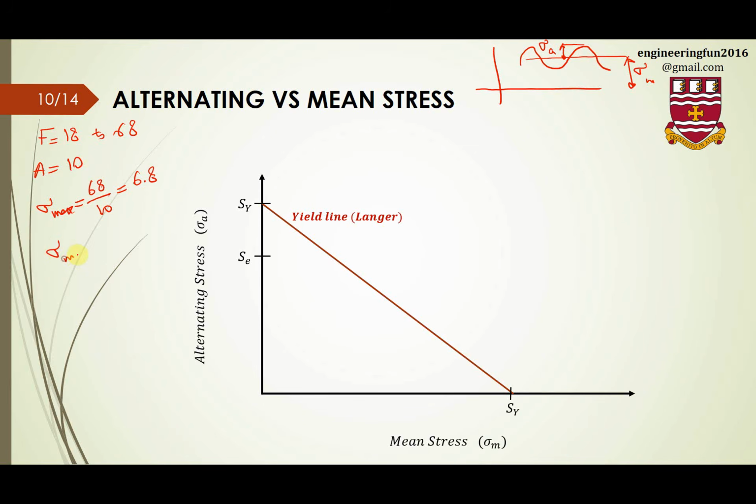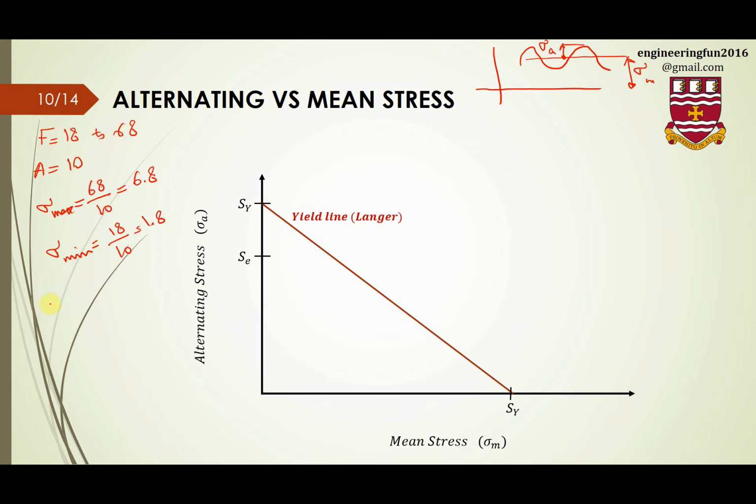I can find minimum stress by dividing the minimum force over area, so that will be 1.8. Both of them were tension force. If one of them was compression, we had to consider a minus here. That was an agreement: when we are compressed, the amount of stress is presented with negative, and when we are stretched, it is positive.